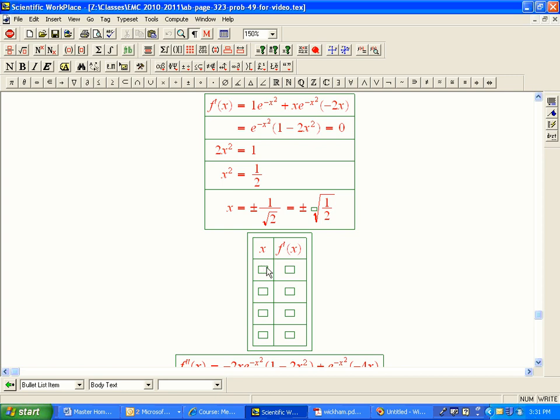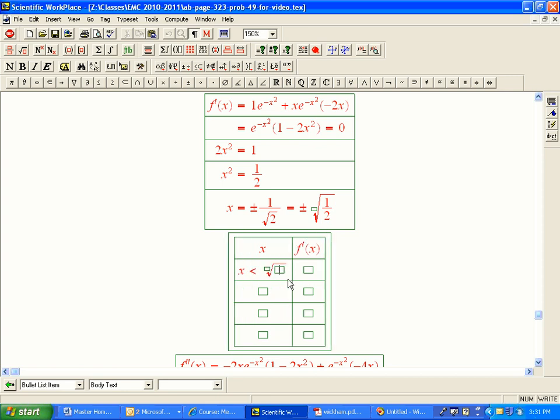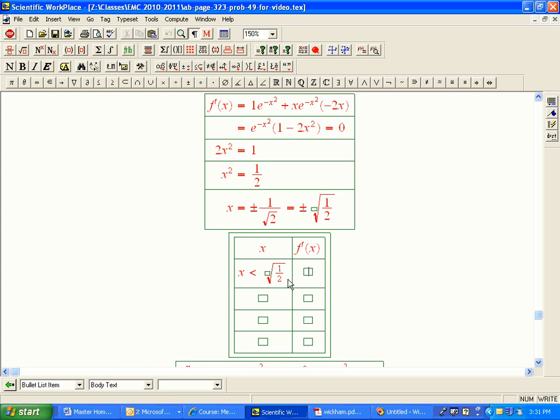When x is 0, x is less than root 1/2, what's going to happen? This is always positive, so it can't affect the sign. If x is less than root 1/2, and the simple number to put in there is 0, for example, then this part dies, and we just get 1.